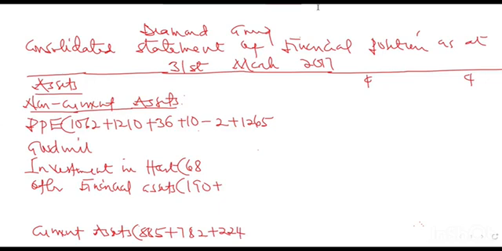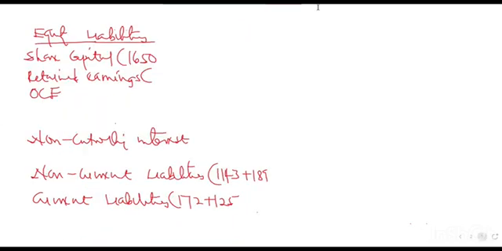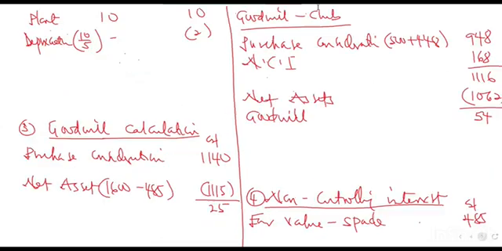Okay. Their liabilities. Long term, non-current liabilities is 172. And the short is 194. Okay. So yes, thank you.